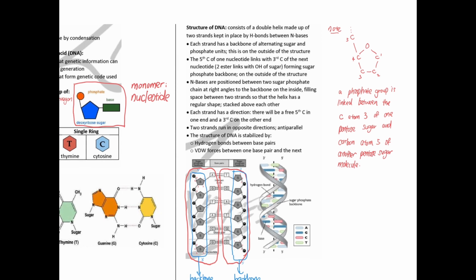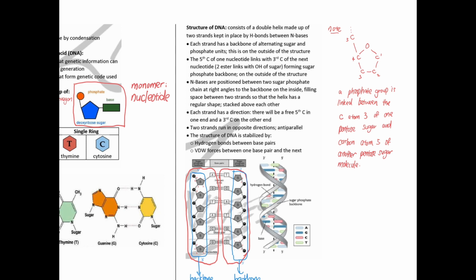At this point, the fifth carbon of one nucleotide, which refers to the carbon here that links to the phosphate, links with the third carbon of the next nucleotide.